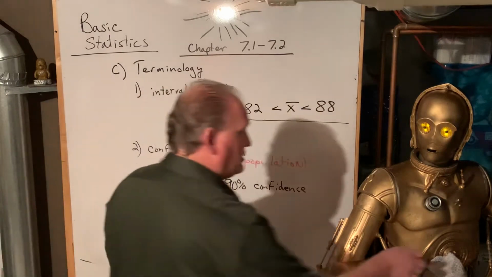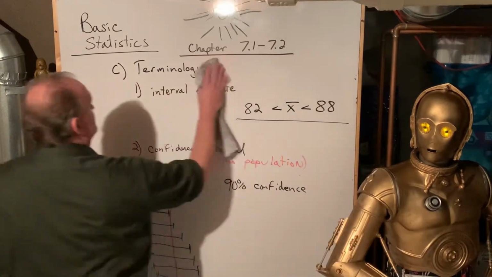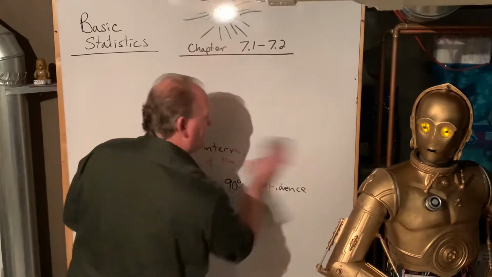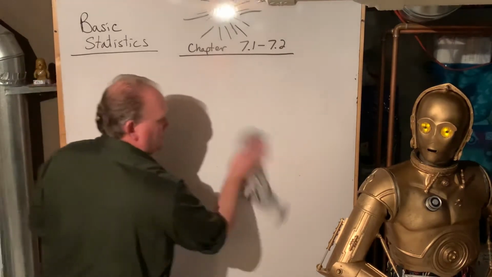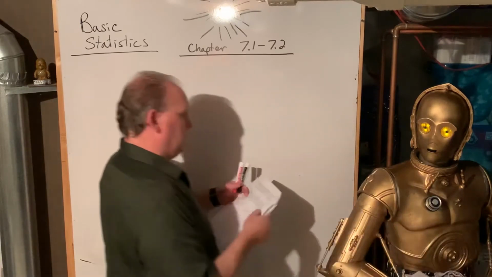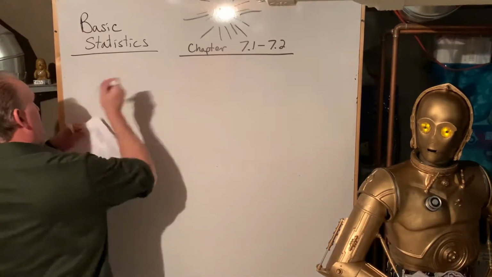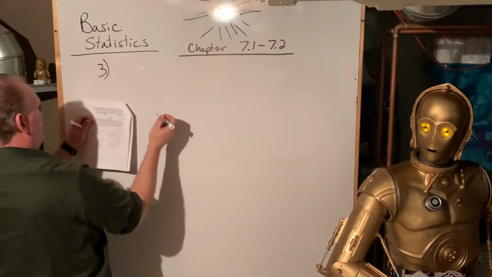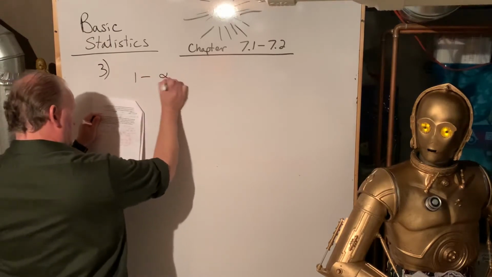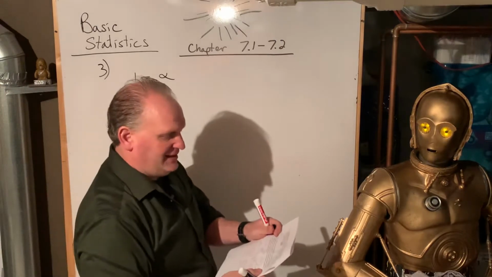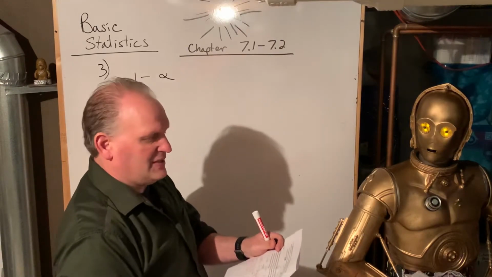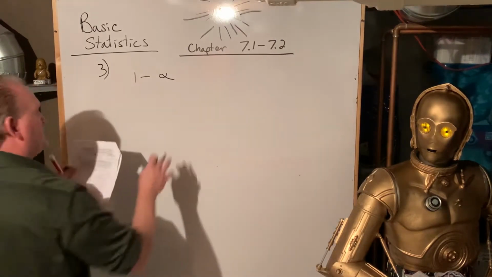That should read 1 minus alpha. So let's look at page 2 here. Number 3, the top of page 2 for the chapter 7 notes. That's what it should say, 1 minus alpha. I think it says 1 minus d or something like that. That wasn't supposed to be d, that was supposed to be an alpha.